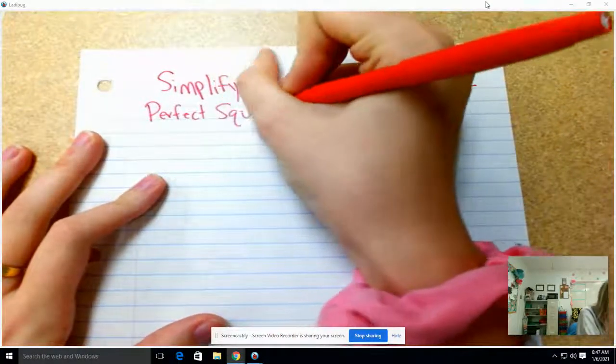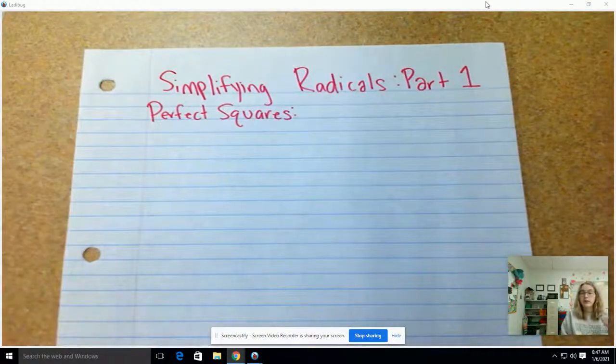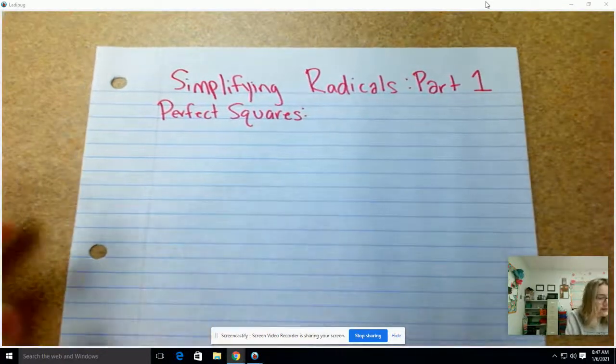For your perfect squares, you need to be able to quickly recall these off the top of your head. So I'm just going to write them down in our notes because that's super beneficial.